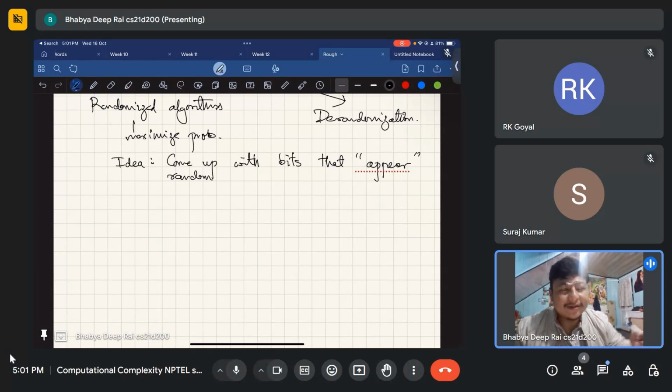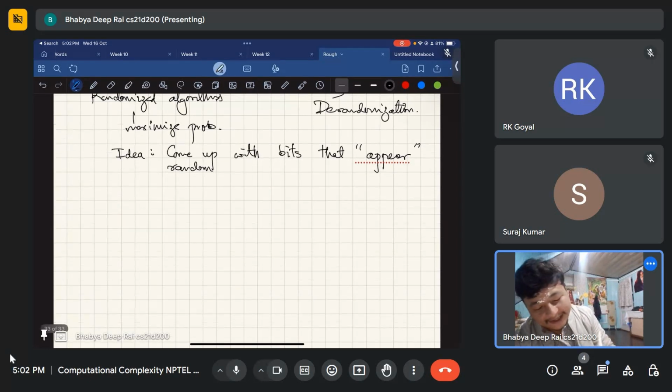It is unpredictable. And what happens if your data is not random? The bits appear very correlated with each other, and you want to reduce the correlation. So you come up with bits that look random to a simple algorithm, to a beginner.